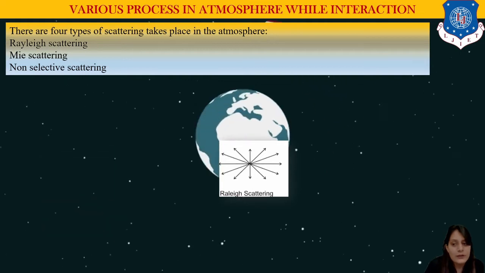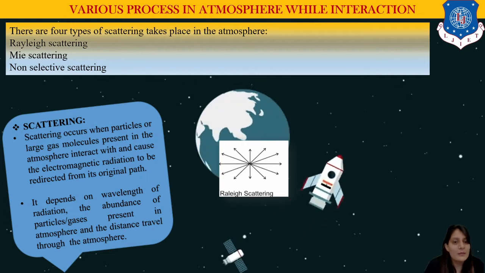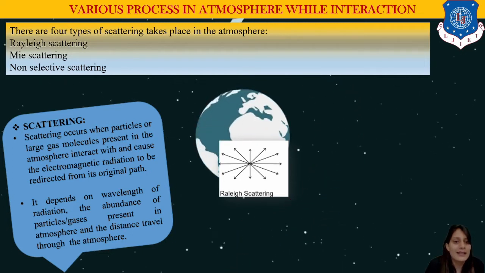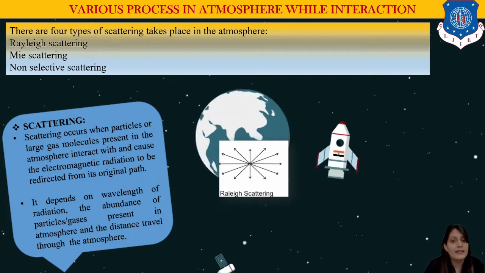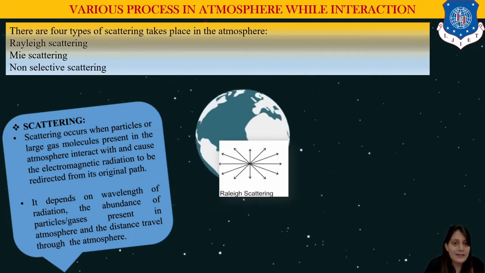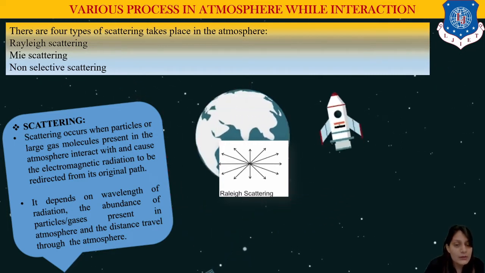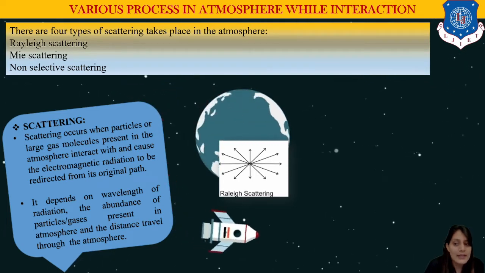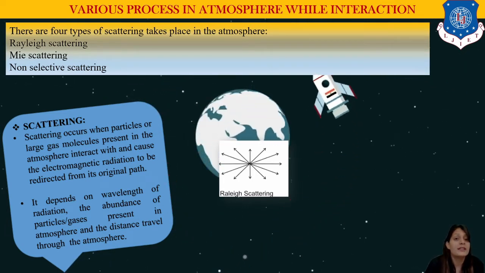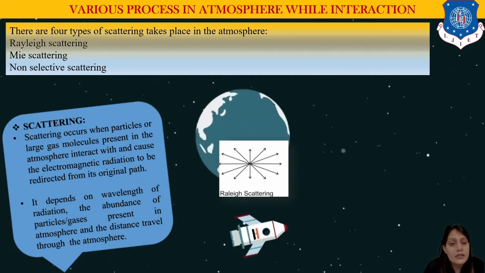The first one you can see here is the scattering process. When rays come from the source of energy, they get scattered before entering the target, before interacting with the target. Scattering occurs when particles or large gas molecules present in the atmosphere interact with and cause the electromagnetic radiation to be redirected from its original position.